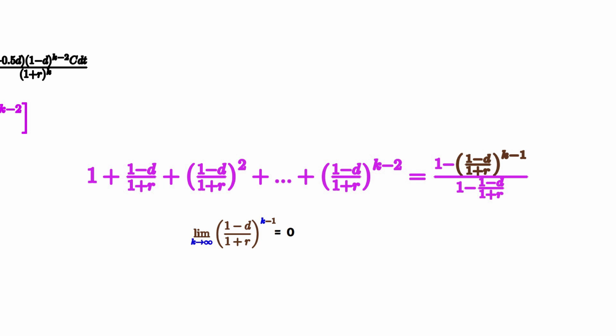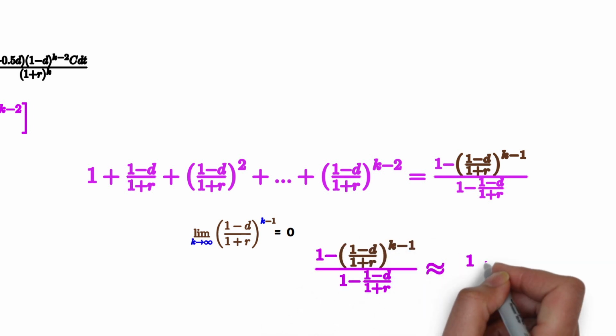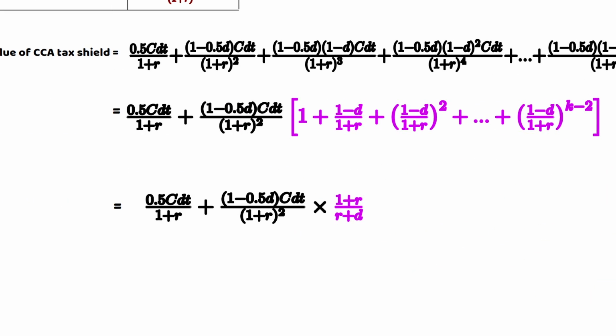When you have a power of k minus 1, the number keeps multiplying itself until infinity, so that number will go to 0. So the pink expression becomes (1 plus R) divided by (R plus D). So this is proved to be correct.